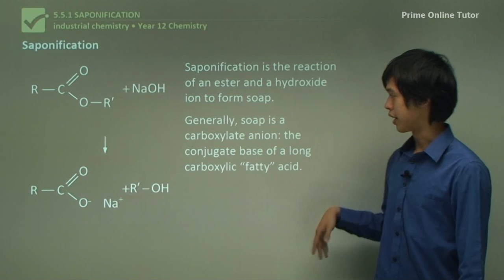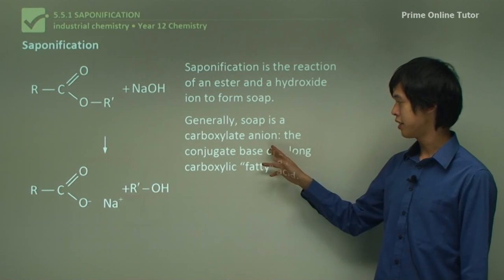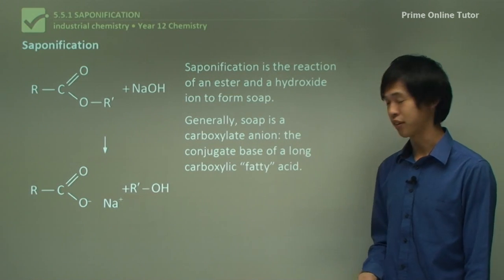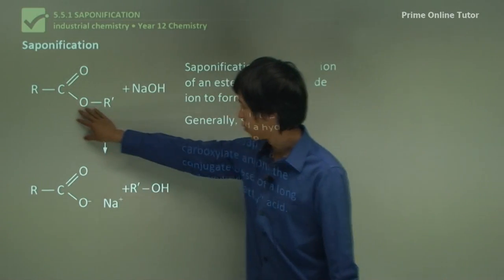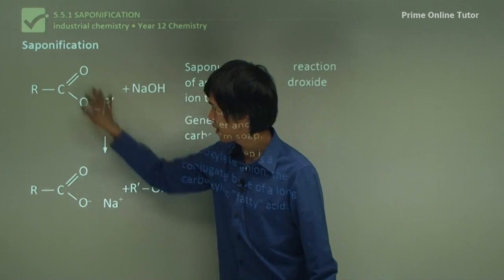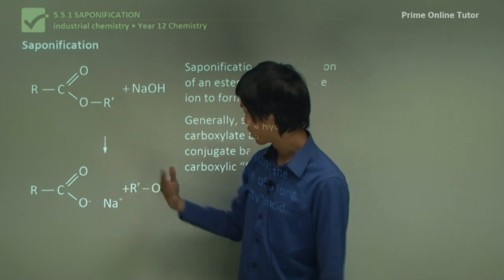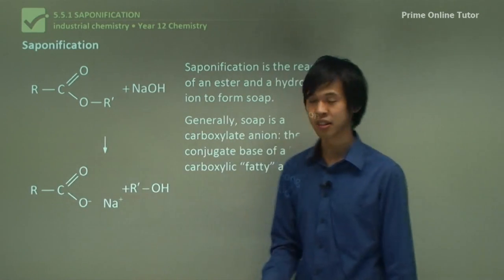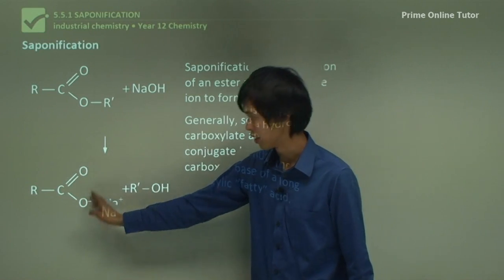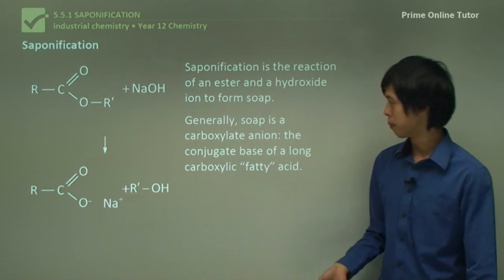Generally, soap is a carboxylate anion, the conjugate base of a carboxylic or fatty acid. What that means is that this is an ester here, and the soap itself is this section, which is like a carboxylic acid minus the H+. So you can see it's a carboxylate group.